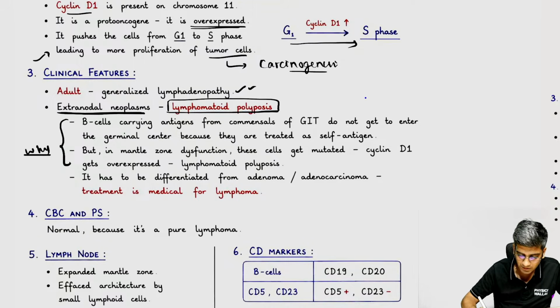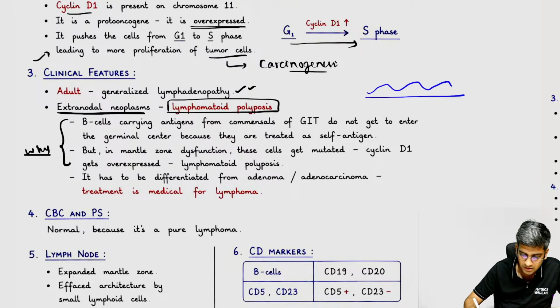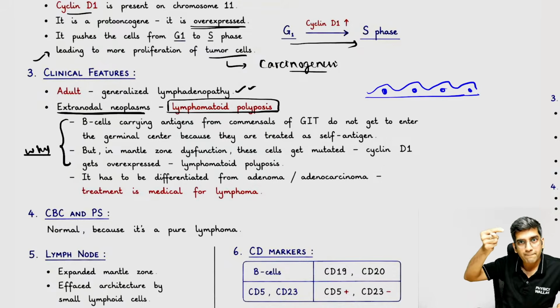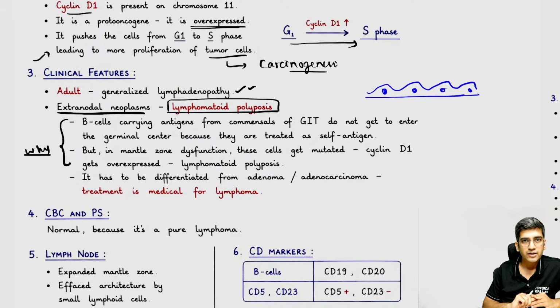The answer is simple. The intestine has something called submucosal lymphoid aggregates. Can anyone name that? Why do I have lymphomatoid polyposis in mantle cell lymphoma? If a reasoning why question comes, we call them Peyer's patches.